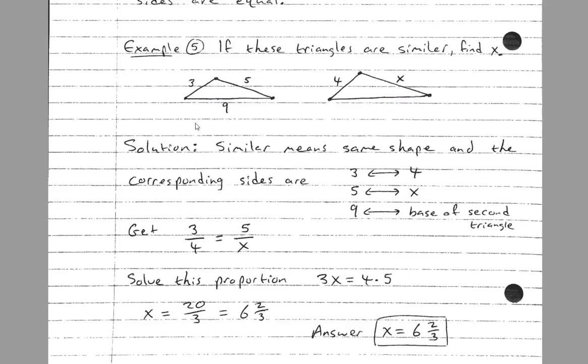Alright, so we're just going to use these first two ratios where we have two numbers and a number and the X we're looking for.